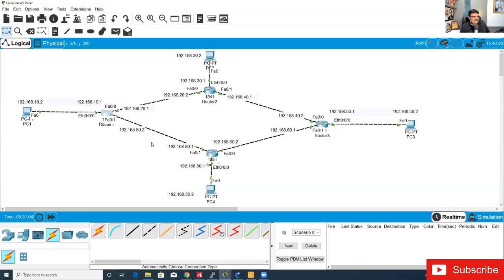For OSPF or for RIP? Okay. So for OSPF, you are also saying yes. For RIP, you all are also saying yes.